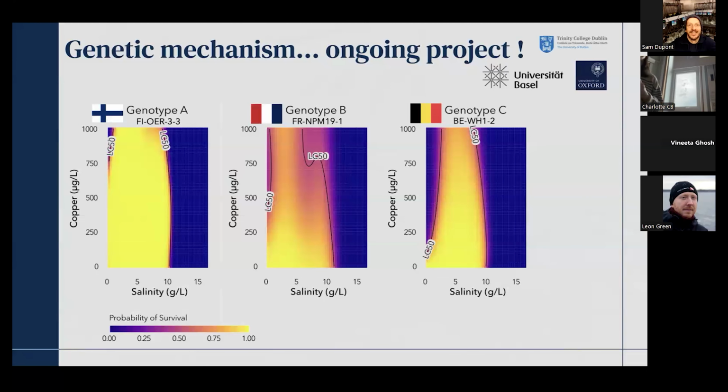What is really great is that you can have really short exposures in Daphnia magna, and you can look at survival, which is a quick proxy to see those effects. She literally just finished her second block of the experiment 3 days ago. So I analyzed the results very quickly and want to show this to you.